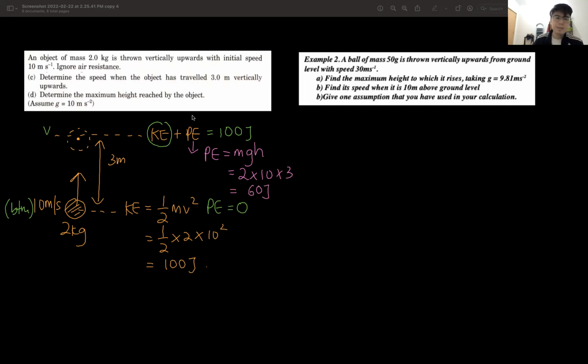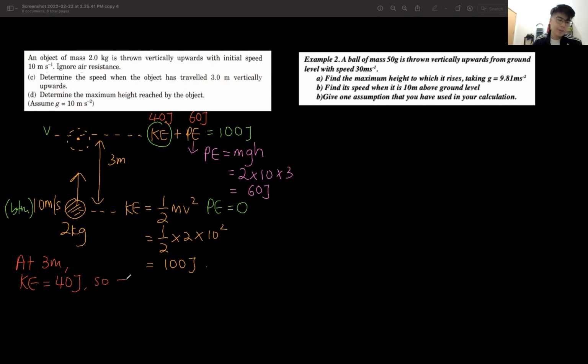So if this is 60 joule, the total must be 100, then KE is 40. At that height, the kinetic energy of the ball is 40. So at 3 meters, KE is 40 joule.